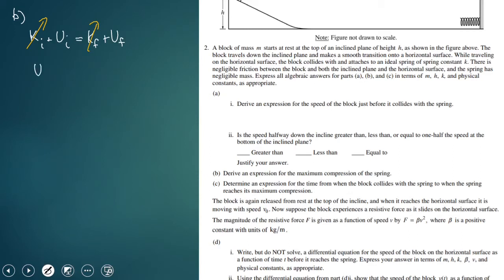So we get U gravitational in this case is equal to U spring. The reason why is because at the end there is no gravitational, but there is still elastic potential. The other way that you could go about doing this is you could consider it just after we ended the ramp. So if I write out Ki plus Ui is equal to Kf plus Uf, right after we get off the ramp, we have no gravitational potential energy.